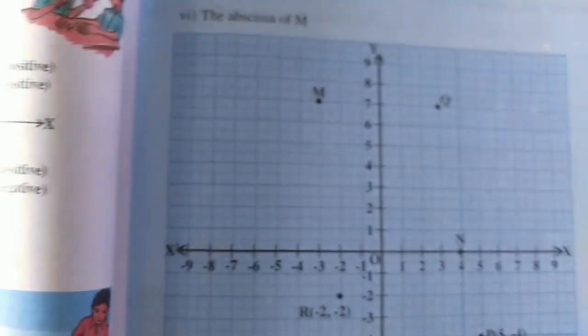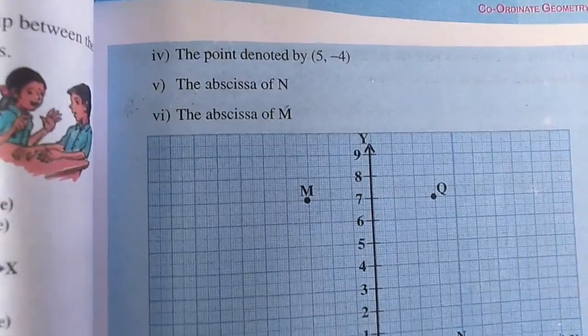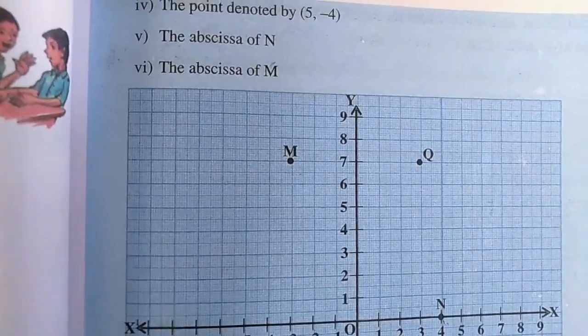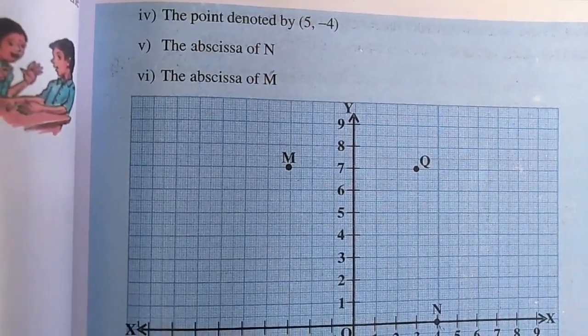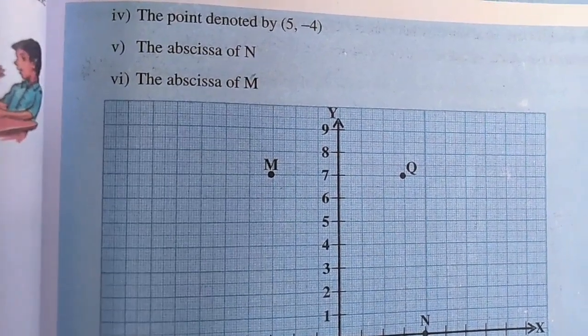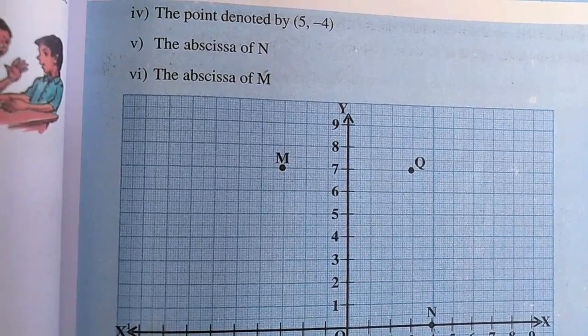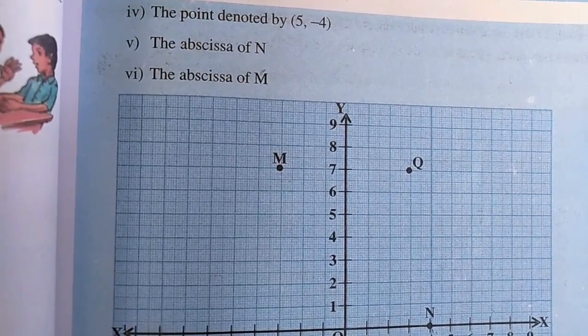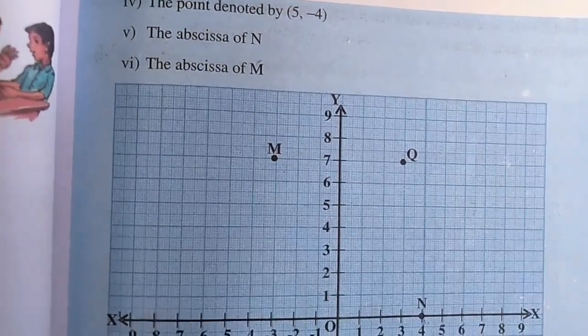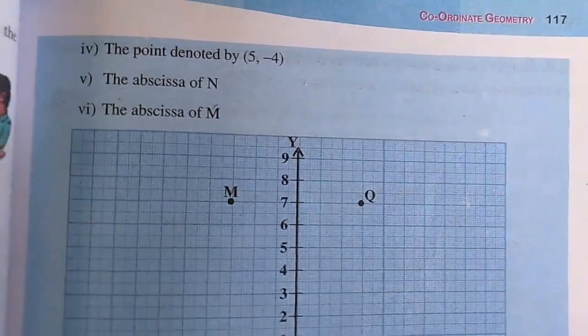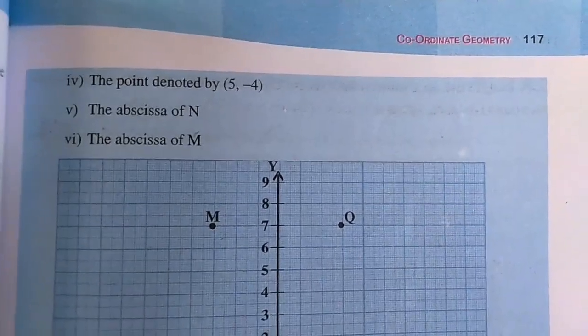The next question: the point denoted by 5, minus 4. Next, the abscissa of N, and the abscissa of M. So there are 6 questions, and looking at the graph, we have to answer them.